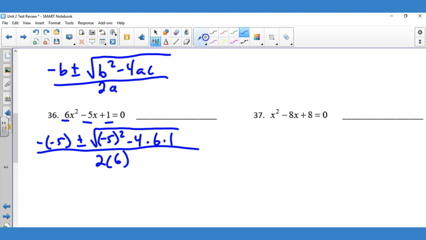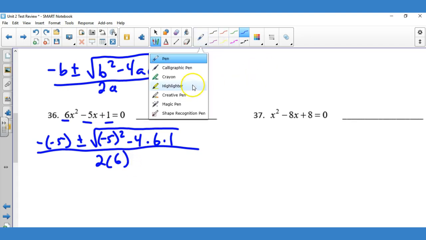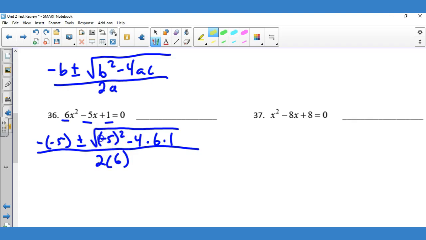And again, I advise you to do this portion first. I advise you to do that portion first.